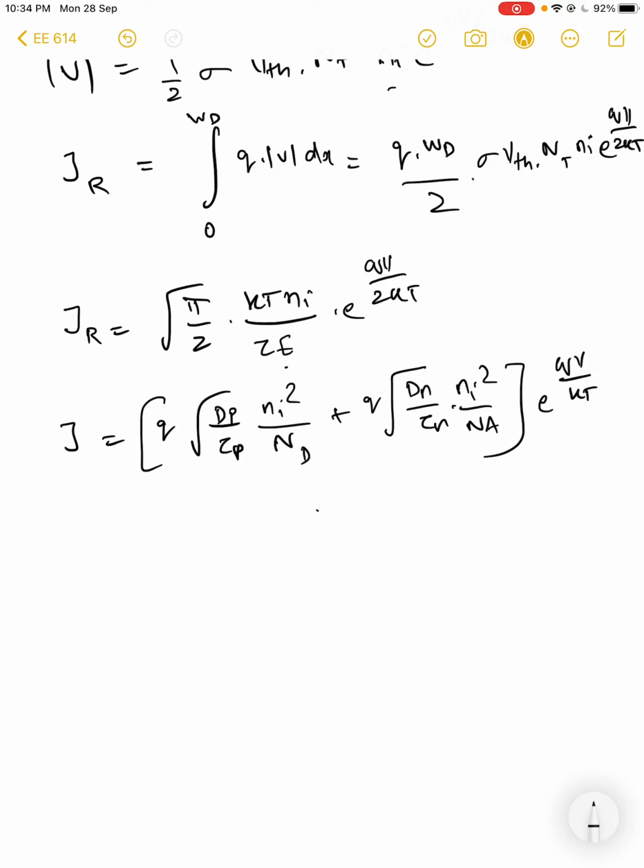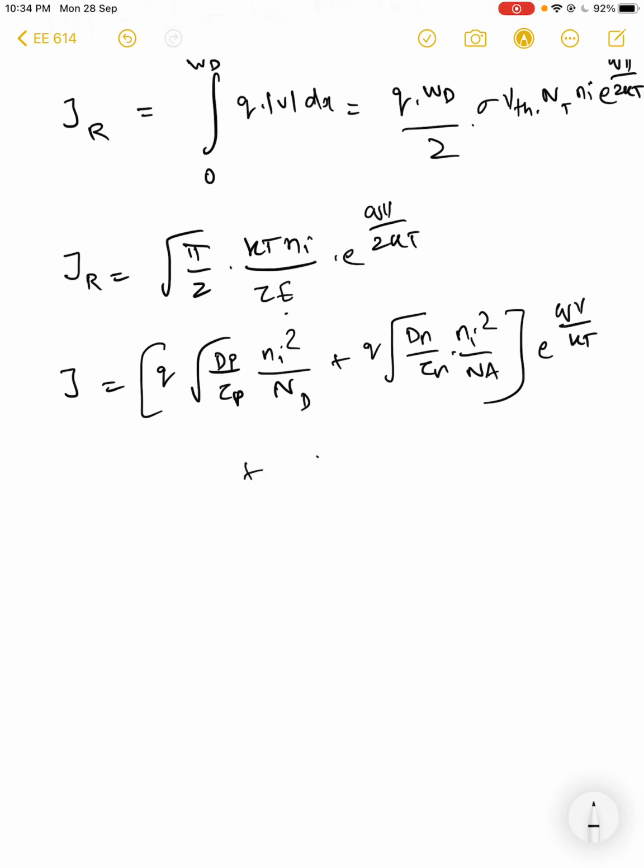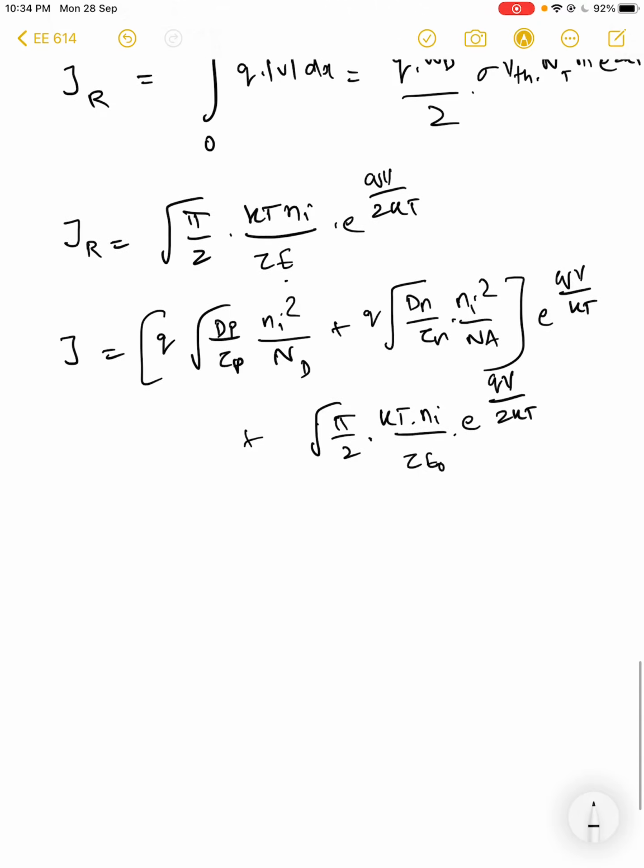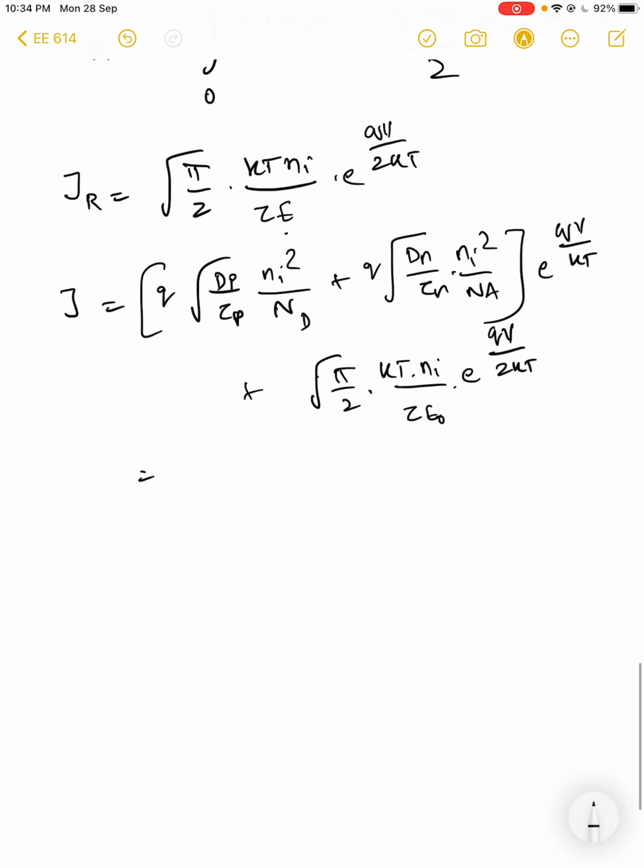I am again neglecting 1, because under higher bias, anyway, this term is larger than the other constant term, plus root pi by 2 kT ni by sigma E naught e power qV by 2kT. And the entire term can be approximated as a very simple e power qV by eta kT.